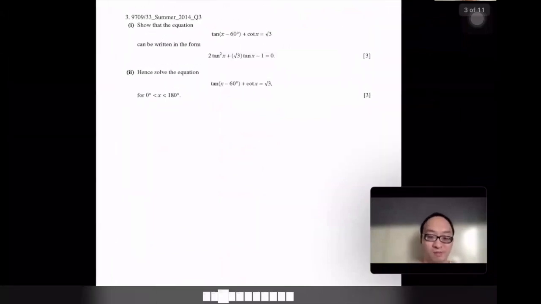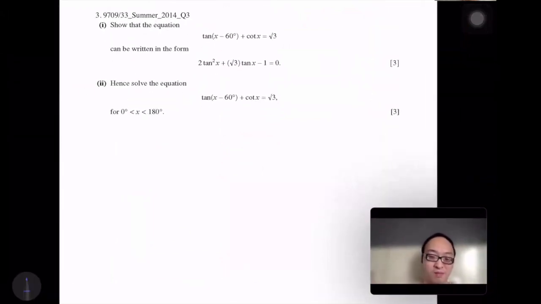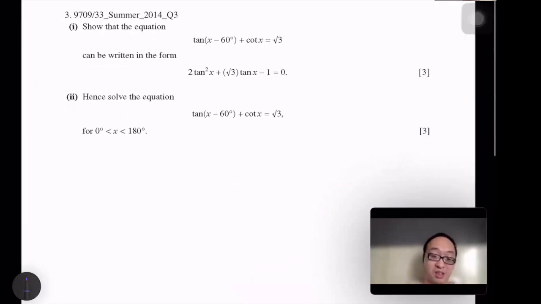Move on. Number 3 is about trigonometry. So we have to use the formula for trigonometry, especially for the tangent in here. Now, show that the equation can be written in the form of the quadratic expression here. We can use the formula for tangent A minus B. So what is tangent A minus B? Tangent x minus 60.